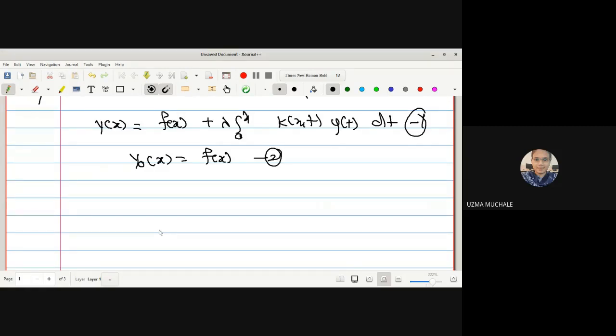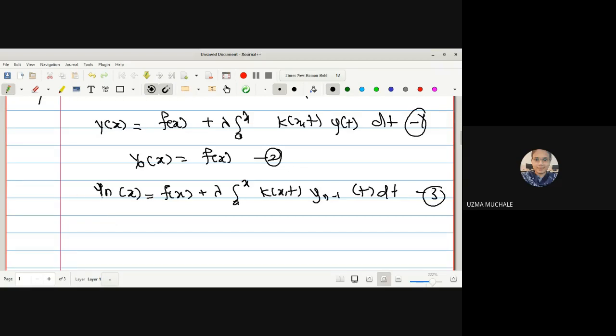That's why I asked you about the method of successive approximation you have studied in our differential equation paper. Let me write this down. I hope you can remember. yn of x is equal to f of x plus lambda integration a to x, k of xt, yn minus 1 of t dt. This is equation 3.